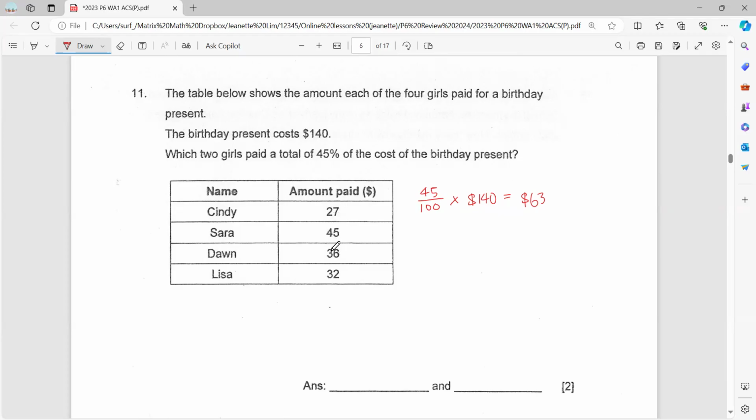Now we check 27 and 36. You can do a mental calculation and you do get $63, right? 27 plus 36 is $63. So the 2 people are Cindy and Dawn.